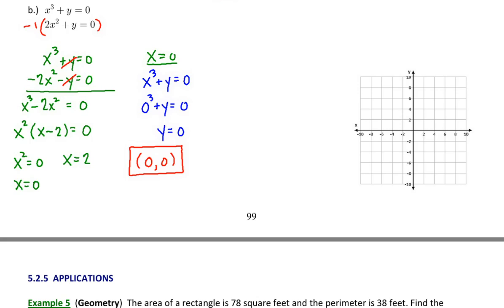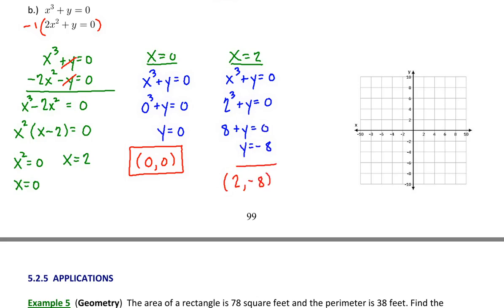When x equals 2, again using that first equation, x cubed plus y equals 0, I'm going to replace x with 2 and solve for y. It looks like y equals negative 8. So when x is 2, y is equal to negative 8.